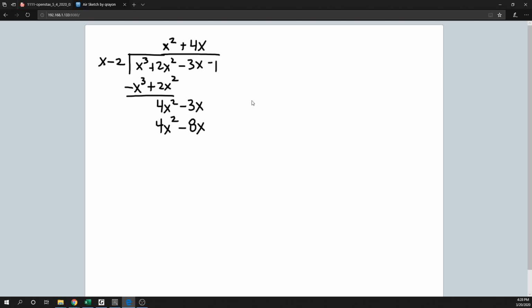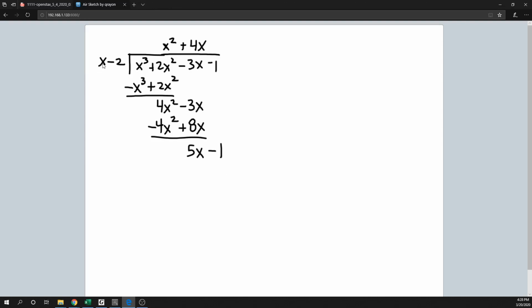All right, and so next up is subtract. So change all of the signs and add. All right, so here these drop out as they should. Negative 3x plus 8x is positive 5x. And then bring the next term down, minus 1.